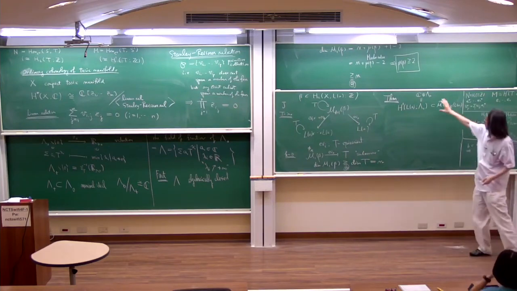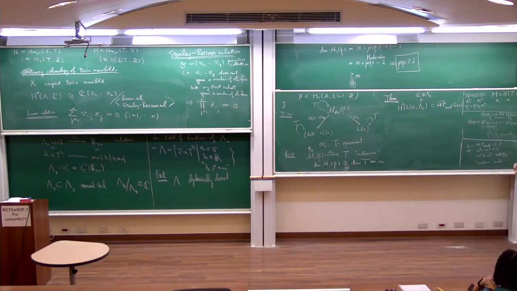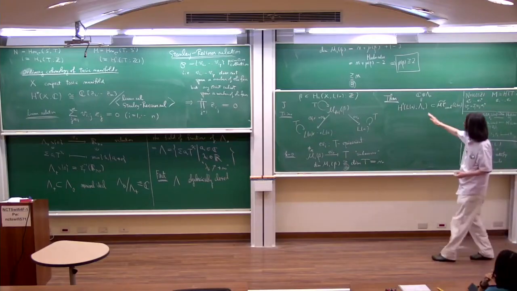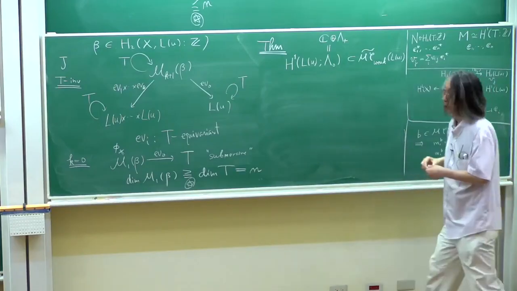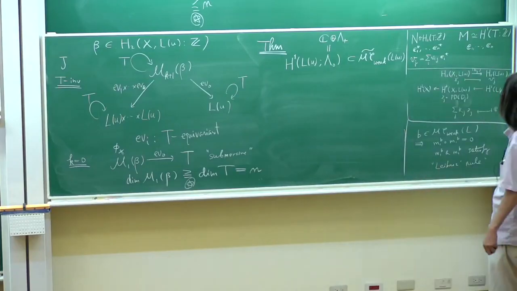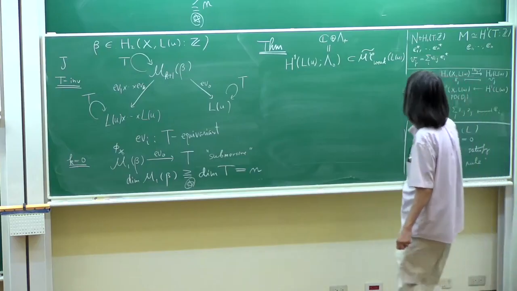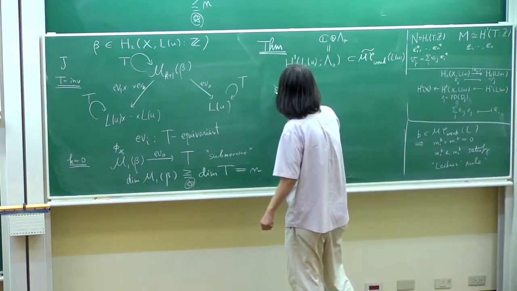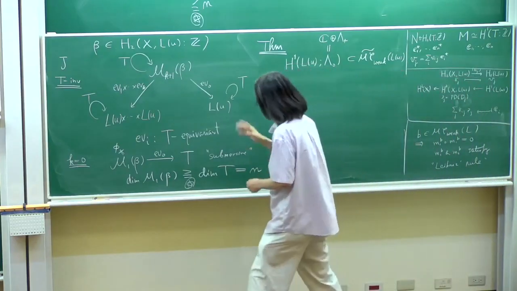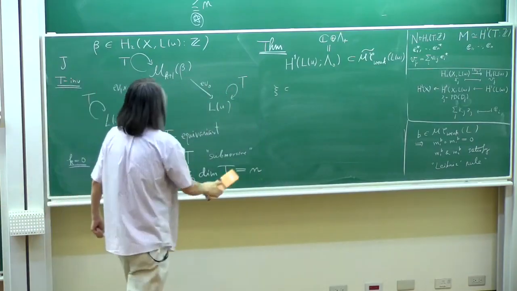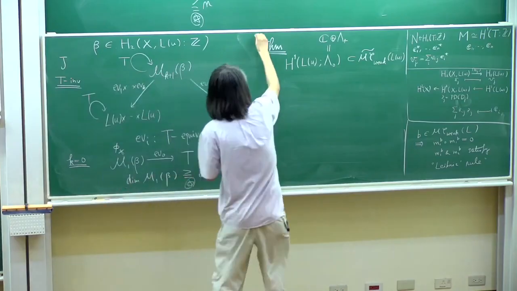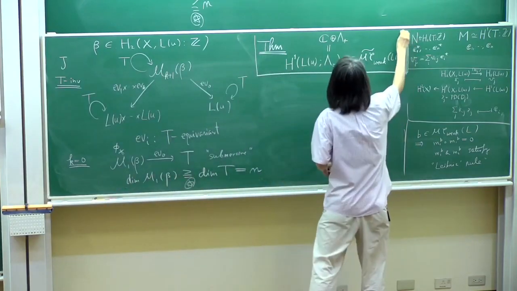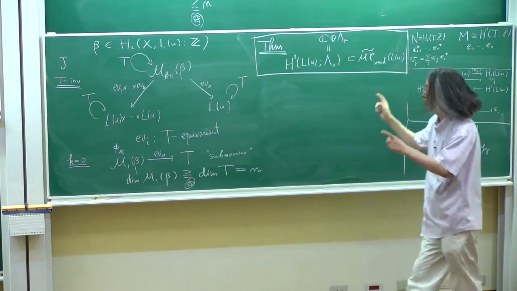But here actually, this is a different statement, because in this case the restriction map is 0. But anyway, so we have this. So how can we see this? So let C be a one form. Sorry, I have to say this. So okay, this is a theorem. I will explain.